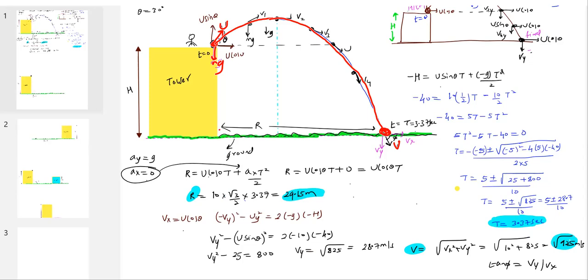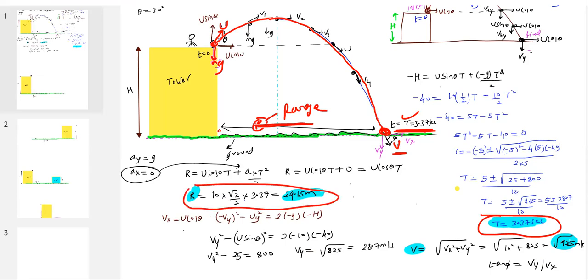It will strike at a distance r from the tower, which is called the range, and it will take some time. So what are the unknown things? First we'll calculate the time, then the horizontal range from the foot of the tower, then the speed with which it will strike the ground. So all these things we have determined: this is the time of flight, there's a range, and this is the speed, and there's the angle.